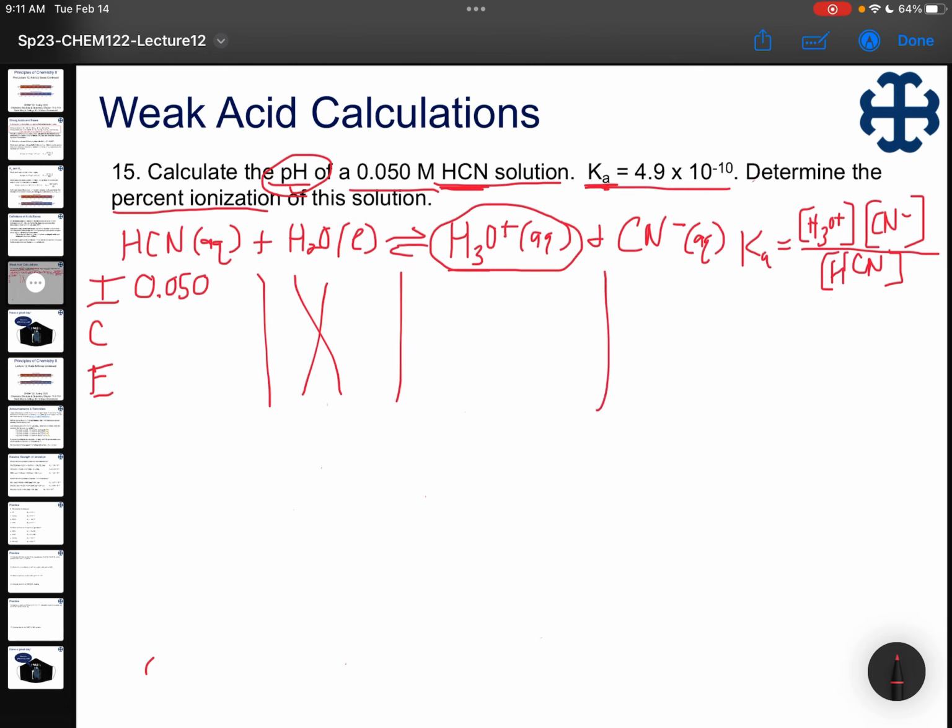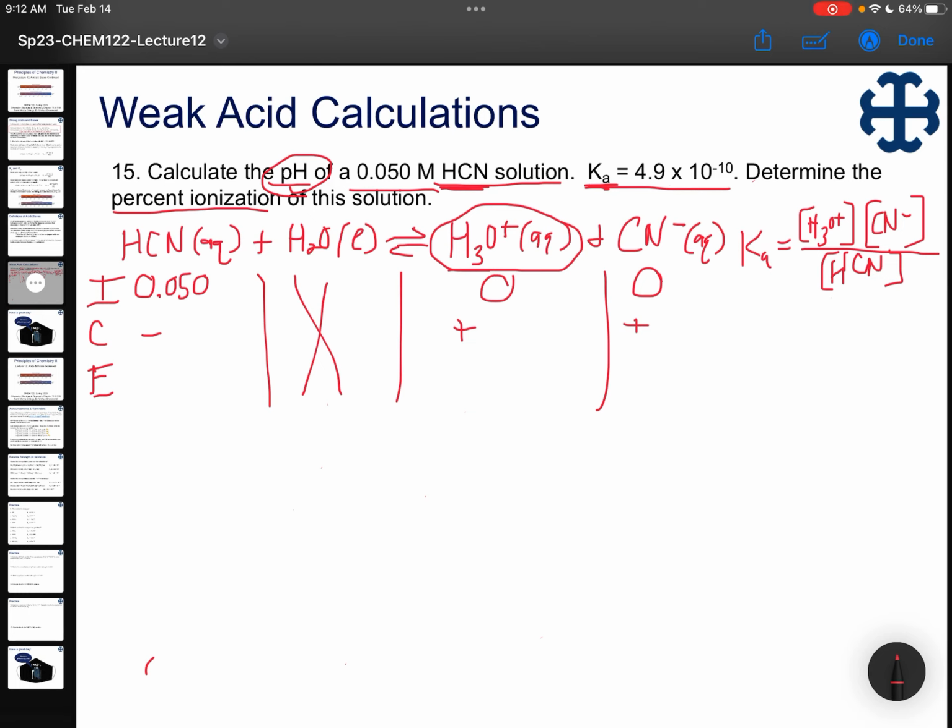And then if we think of, we're not given any information about H3O+ or CN-, we can assume that their concentration is 0 under initial conditions. Because of that, we know that our reaction is going to move from reactants towards products, so that means it's going to be a minus on our reactant side and a plus on our product side.